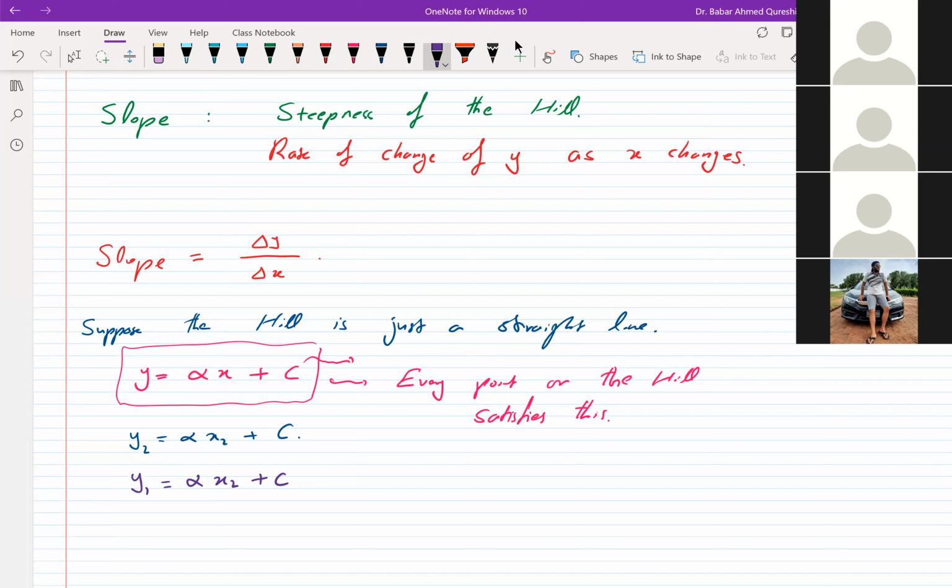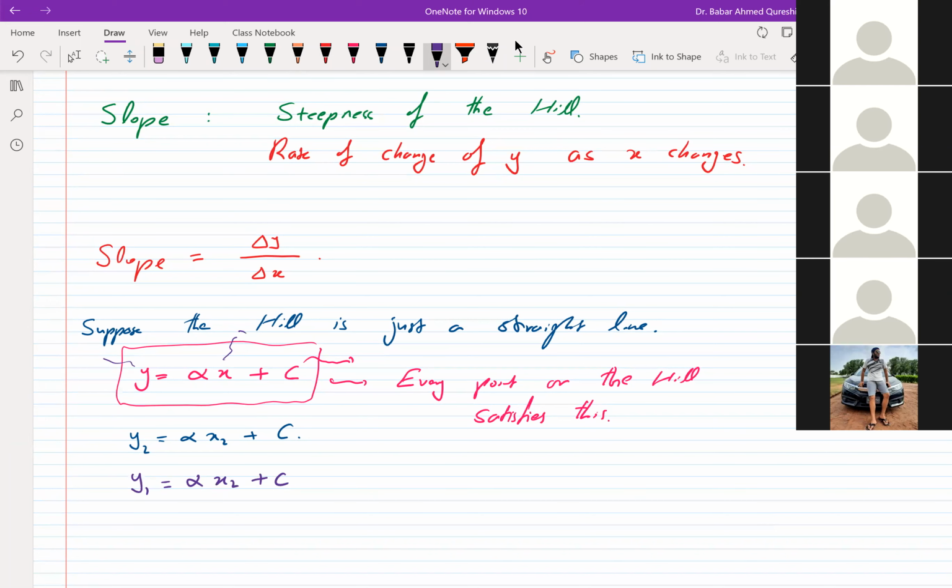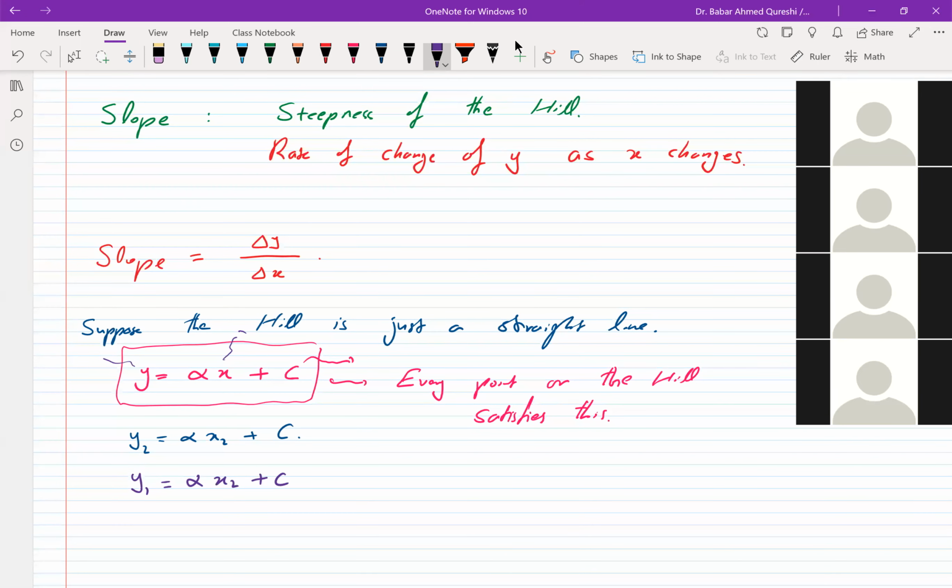Alpha and c are some constants over here. They will not change. These are variables, y and x are variable. Wait, you can pick any point on the hill, put its coordinates here, and it will be satisfied for fixed values of alpha and c.